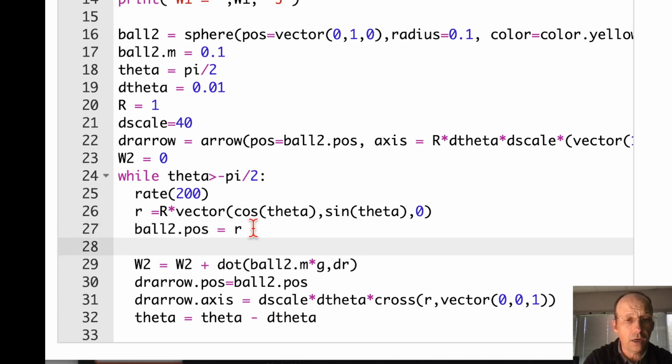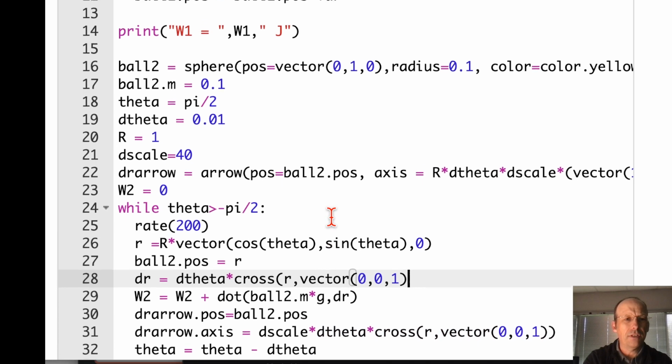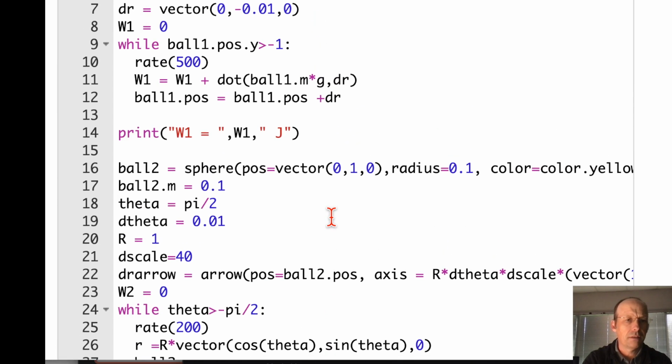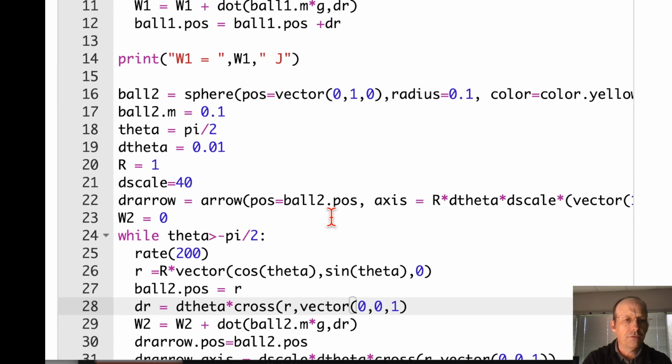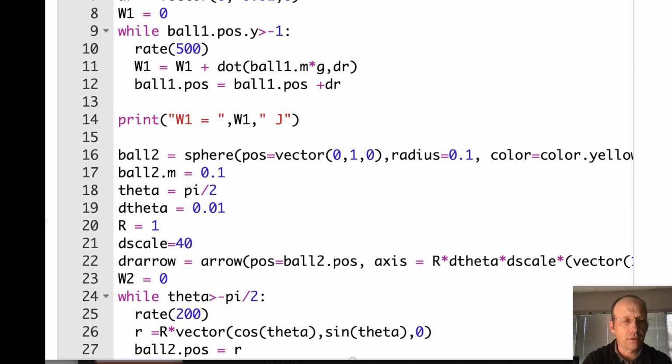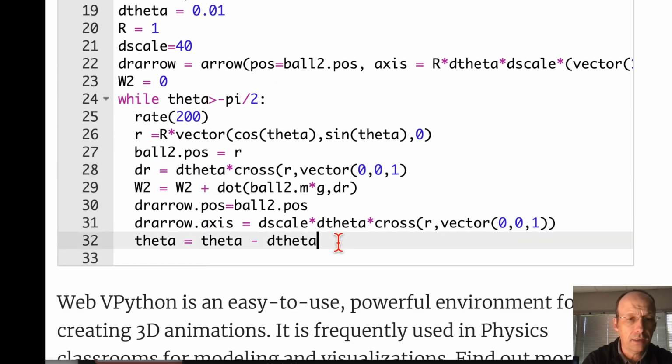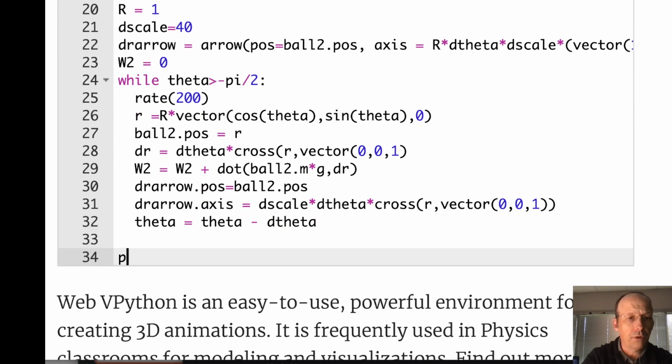Let's calculate dr. This whole thing is dr. Oh, I did. Did I have a dr up here? I did. But it's fine, I can reuse it. And then I want to print that. Print work 2 equals, oh, there's extra space there, W2 joules.